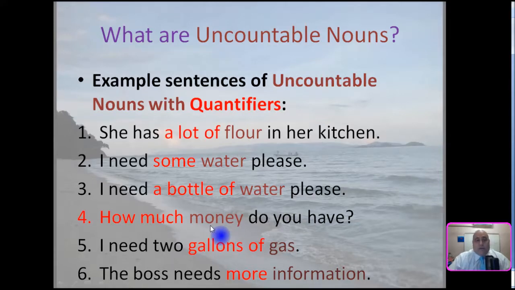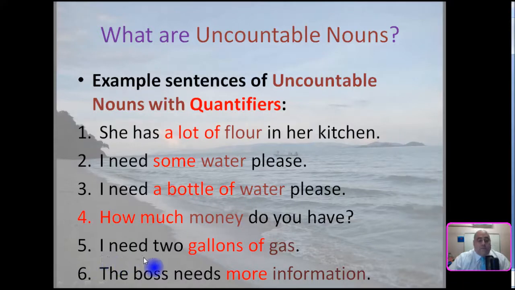Money is uncountable, and this is difficult for some students to understand. You can count dollars, you can count pesos, you can count francs. You cannot count money. You can count the individual types. So money itself is uncountable.